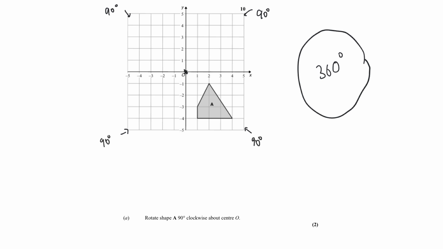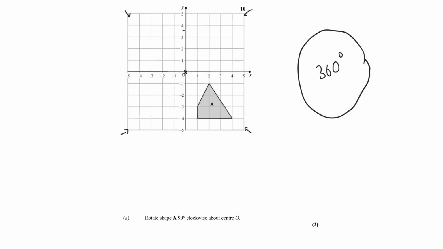So for instance, if you're rotating 90 degrees clockwise, you'll know your shape will be in this quadrant. Let's say if you started off from shape A and you're rotating 180 degrees clockwise, 90 plus 90 is 180 degrees. And clockwise is that way, so your shape would end up here. Or let's say if it was 90 degrees anti-clockwise, your shape would end up here. So sometimes knowing that really does help to know where the shape will end up, because I know sometimes that does confuse students at times.